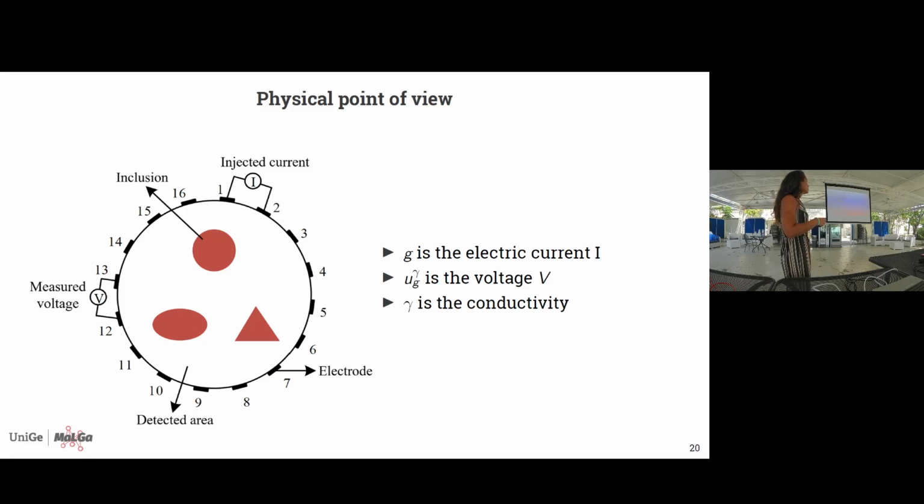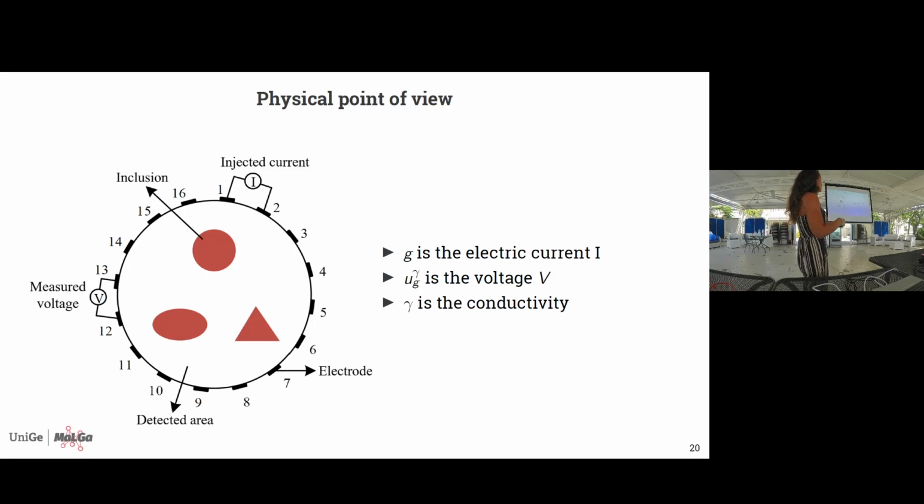The G plays the role of the current I, that passes through these electrodes from 1 to 16. The solution U_{G,gamma} is the voltage V, and we can measure the voltage in order to recover the Neumann to Dirichlet map from these two quantities.